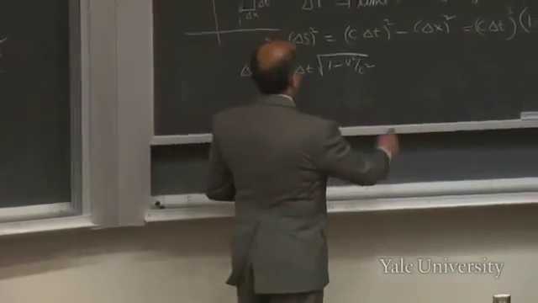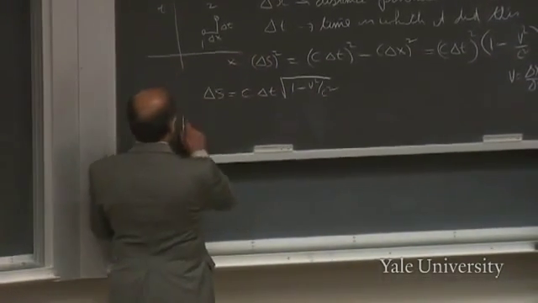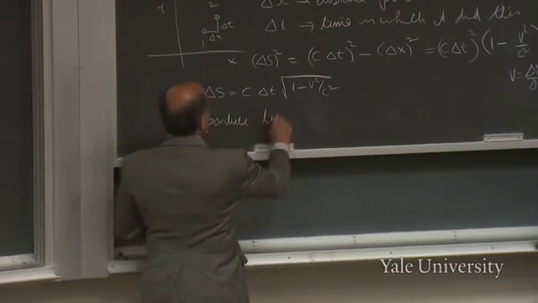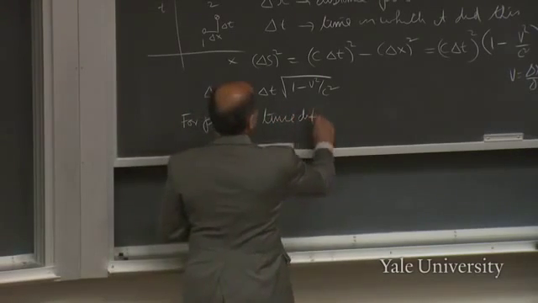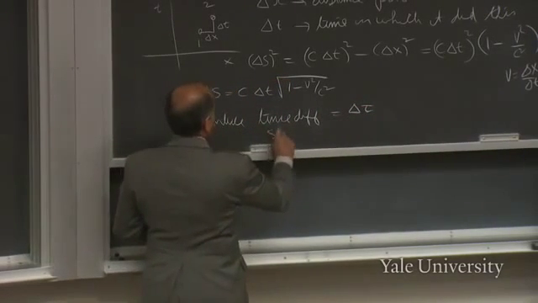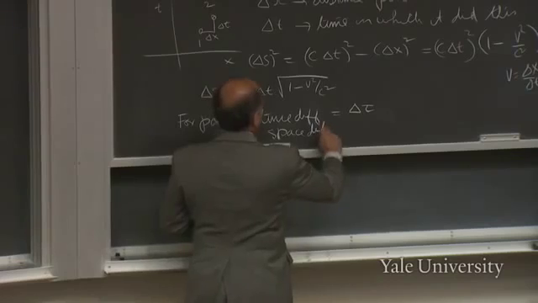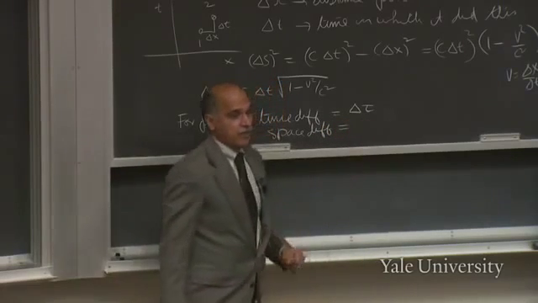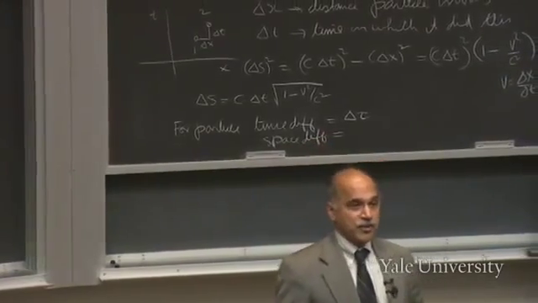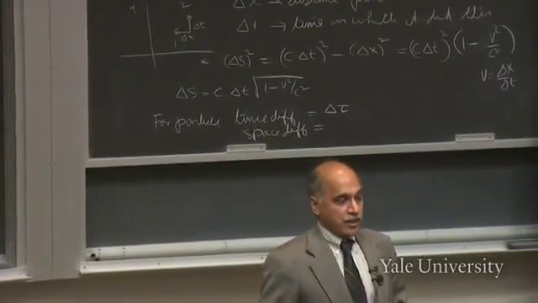So in your frame of reference, for the particle now, the time difference between the two events, let me call it some delta tau. And the space difference, what's the space difference between the two events? Yep? 0, because as far as the particle is concerned, I'm still here.